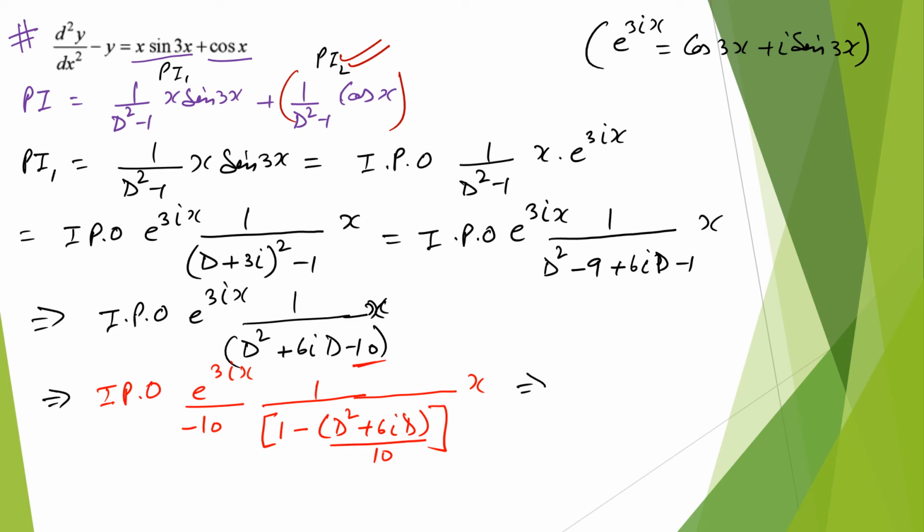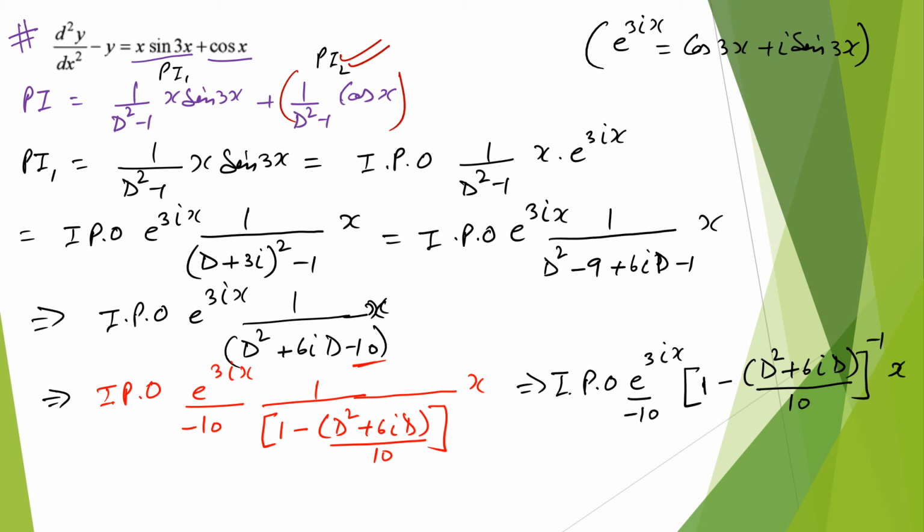Now this is equal to the imaginary part of e to the power 3 iota x over minus 10 into the binomial expansion of 1 minus d square plus 6 iota d over 10 to the power minus 1, and x.